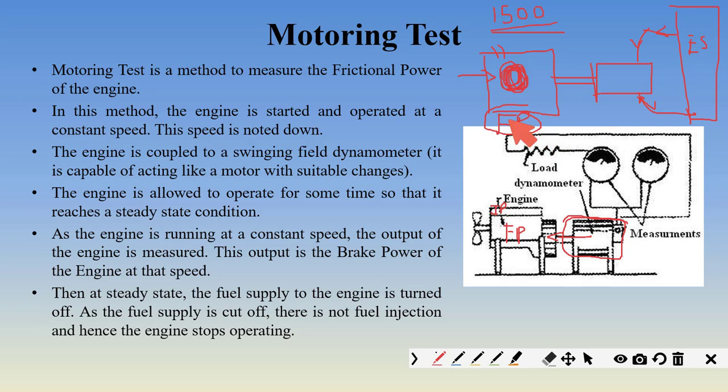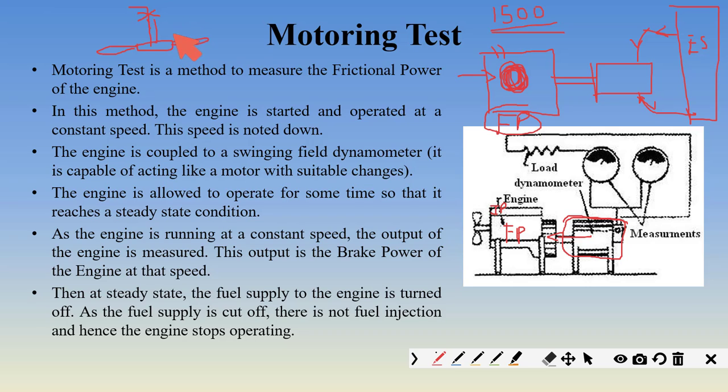For example, in your fan, initially when the fan is on, it is rotating because it is absorbing electricity from our main electric supply. Afterwards, what happens when we turn off the fan? The fan keeps on rotating for some amount of time, but afterwards it slows down and stops. Why is it stopping?